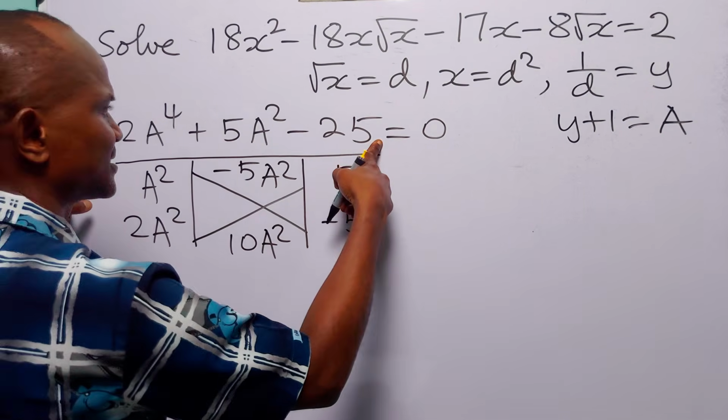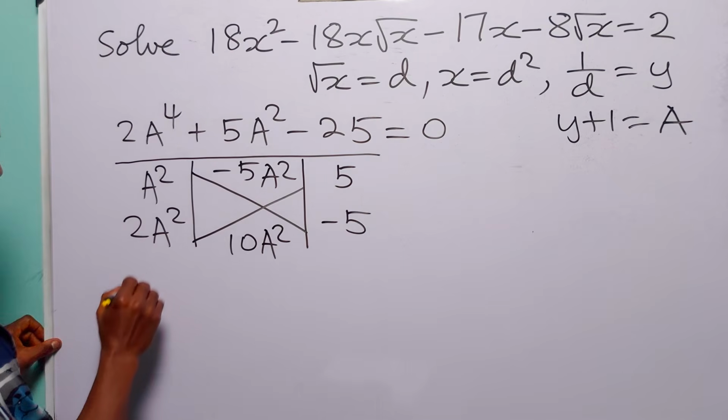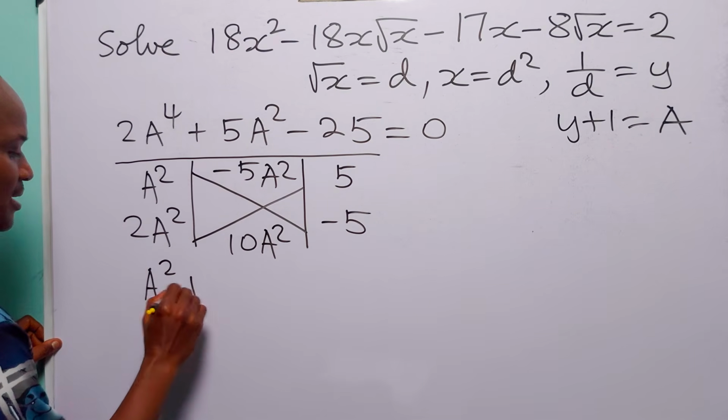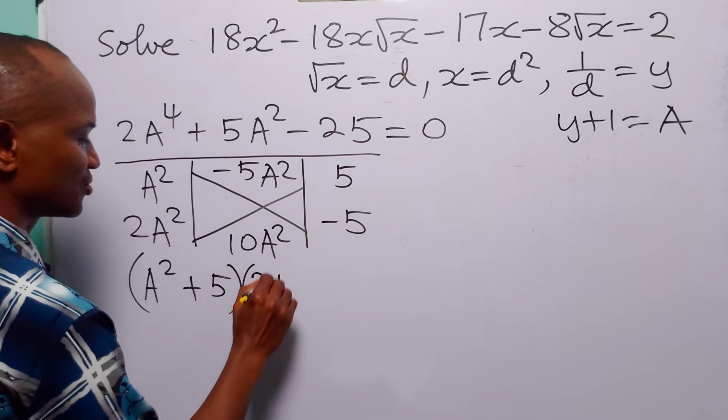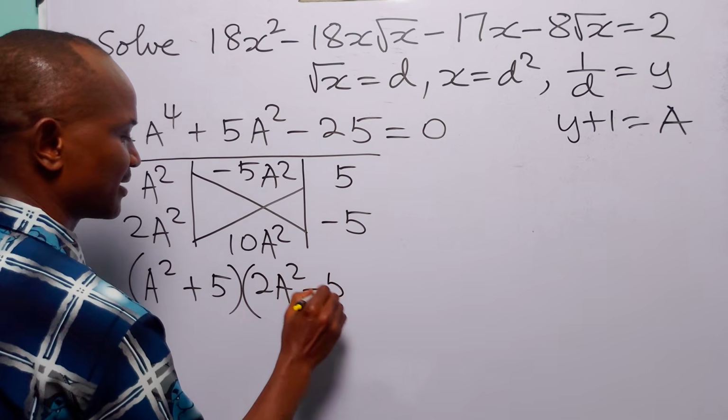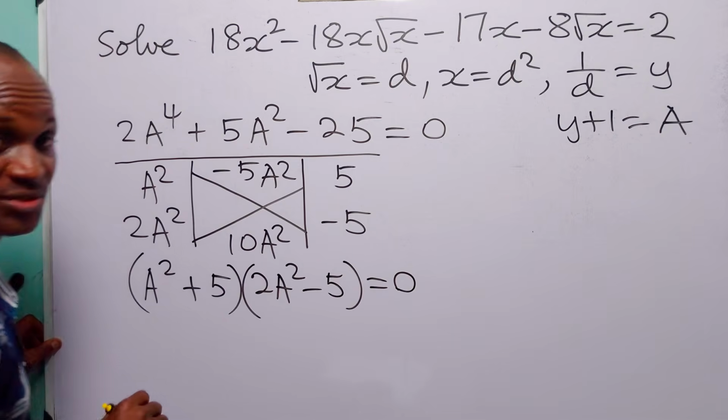So when we factorize the left-hand side of this equation, we have a squared plus 5 multiplied by 2a squared minus 5 is equal to 0.